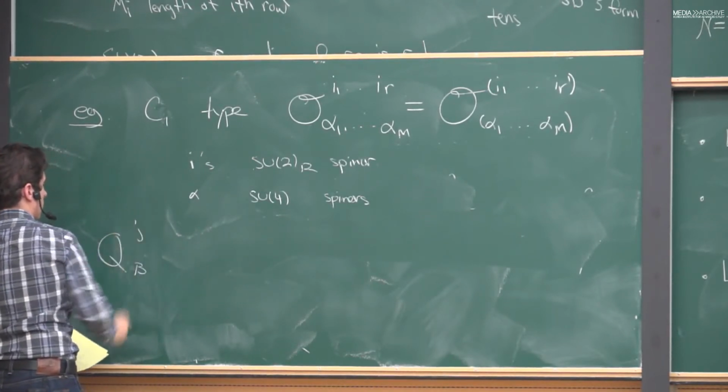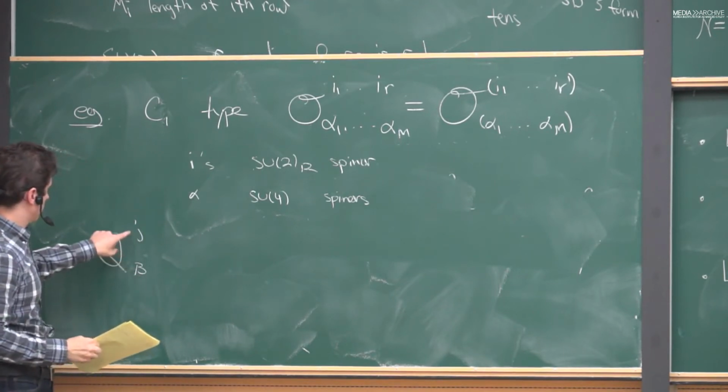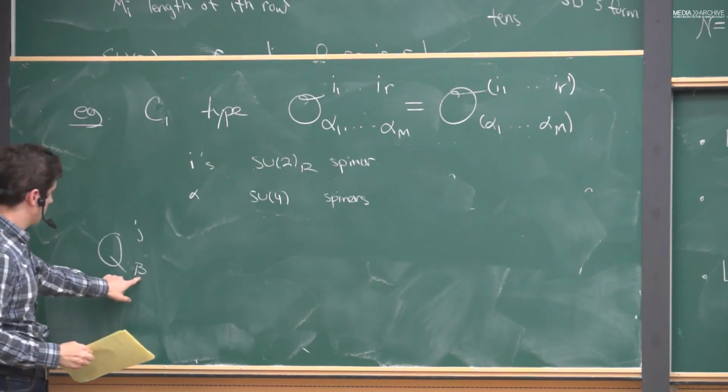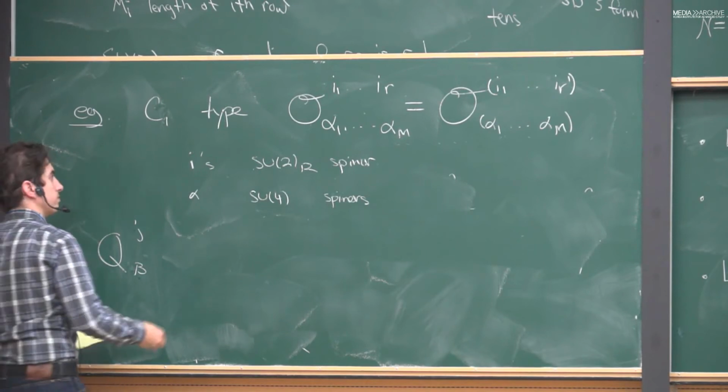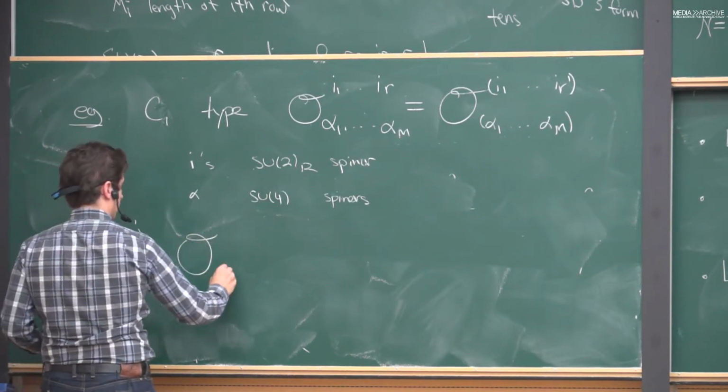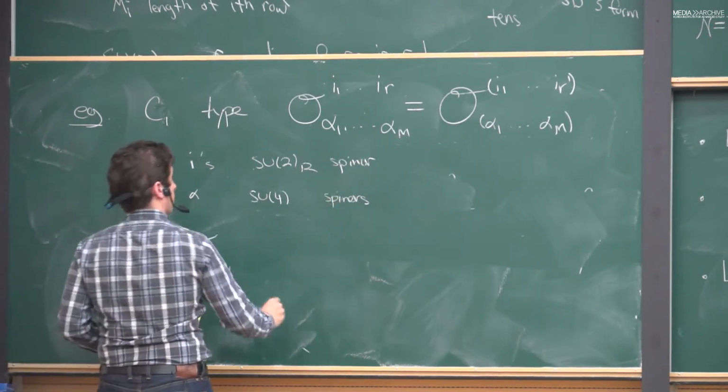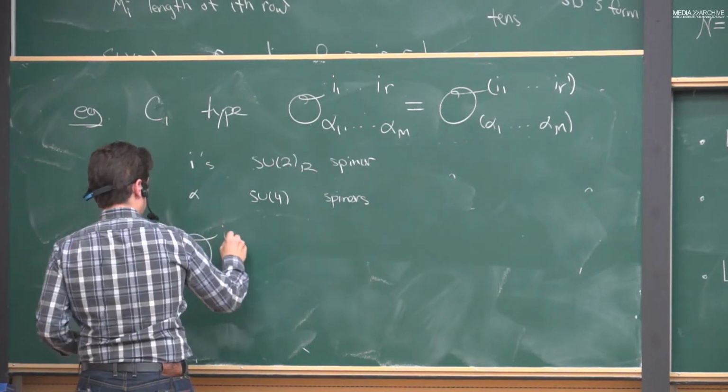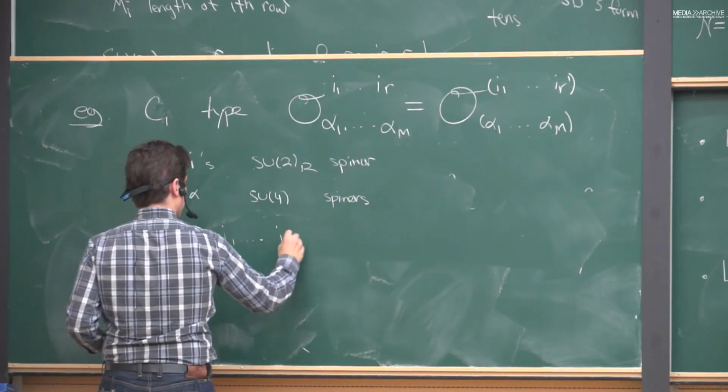So the Q's are spinors under both SU(2)_R and SU(4). And if you really work out that classification, you see that the following thing is zero.